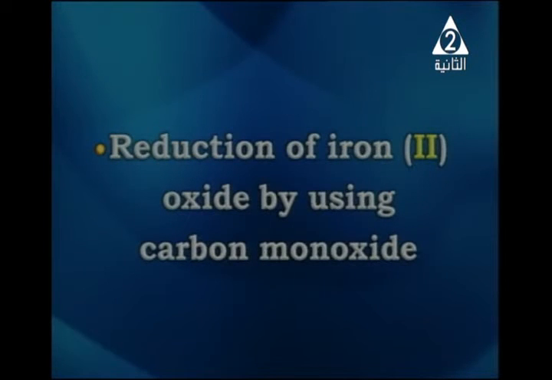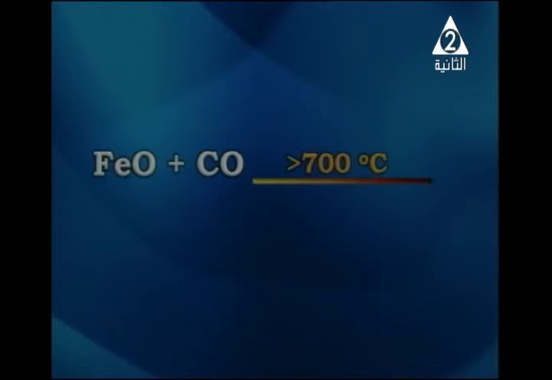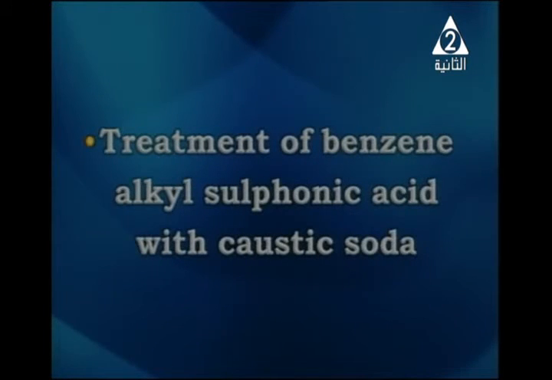Next point, the reduction of iron oxide by using carbon monoxide gas. As the equation proceeds on the screen, FeO plus CO at more than 700 degrees Celsius gives Fe plus CO2. Next point, the treatment of alkyl benzene sulfonic acid with caustic soda.